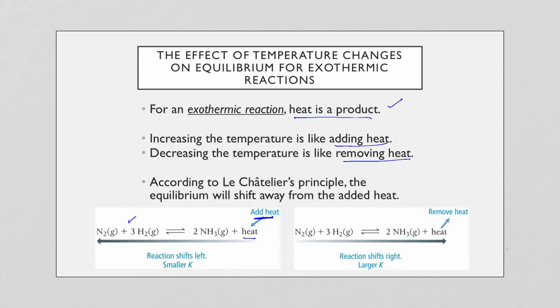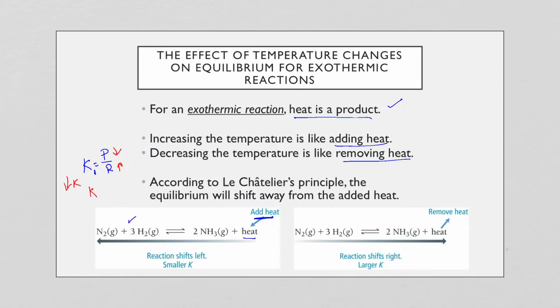If, again, K is products over reactants, so this is my K initial here, and I see this shift to the left, what's happening? Well, my reactants are going up, my products are going down. This is going to lower my K.